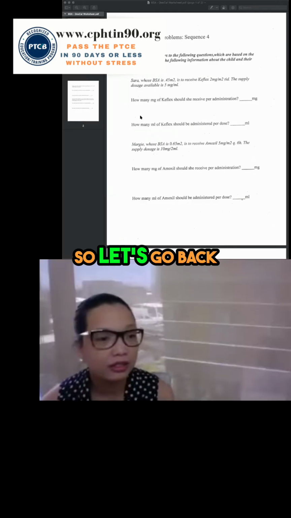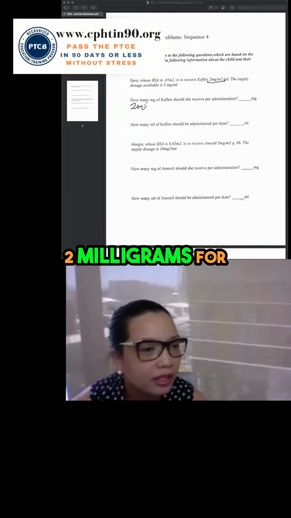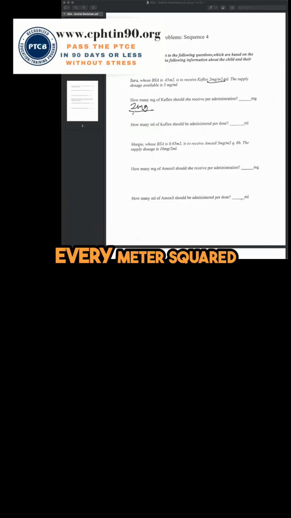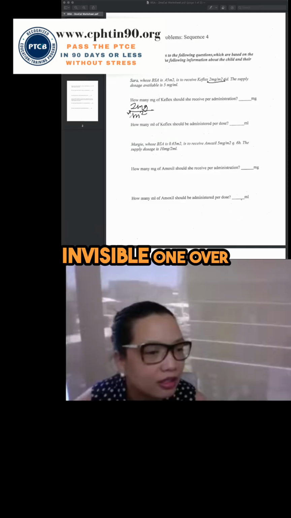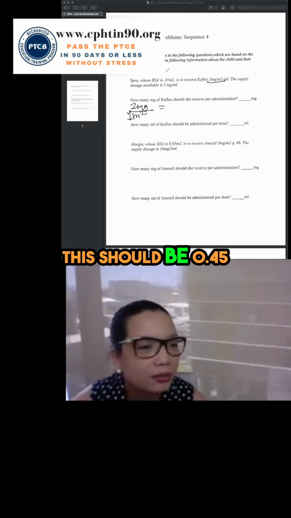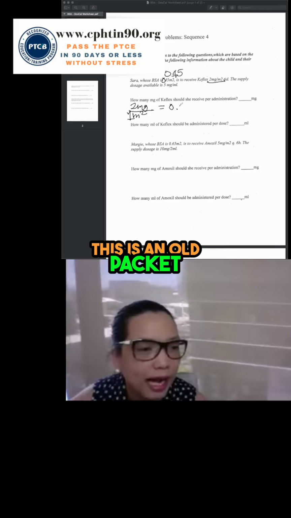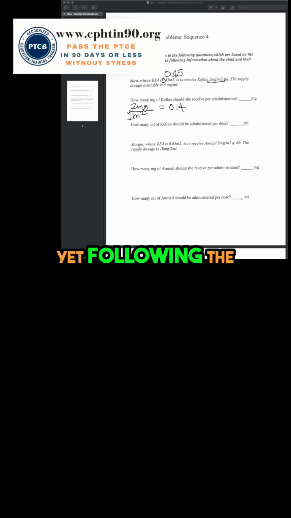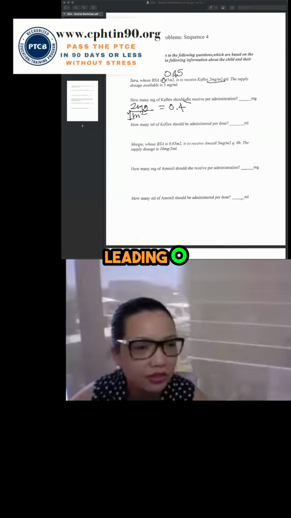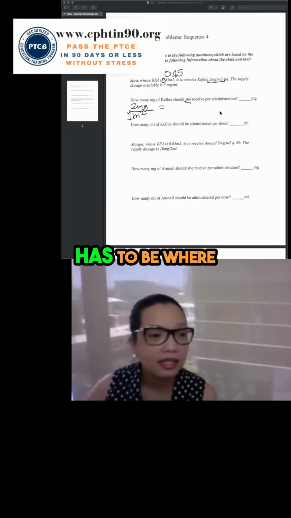Okay, so let's go back. This is your 2. You're correct, Elizabeth. Good catch. 2 milligrams for every meter square. I'll put this invisible 1 over here so I know that it's not an X. This should be 0.45. It's hard to see the 0 because this is an old packet, so it's not yet following the do not forget the leading 0 rule.